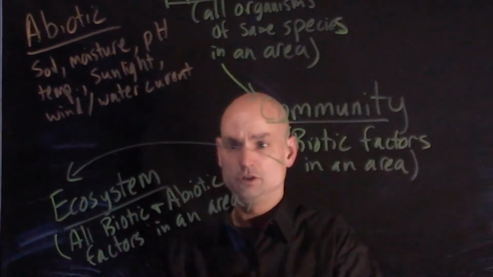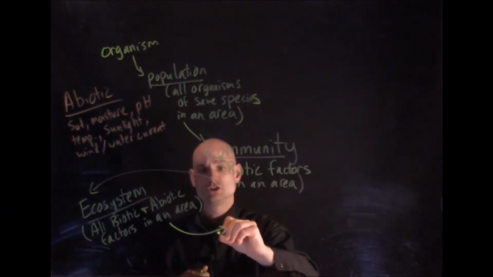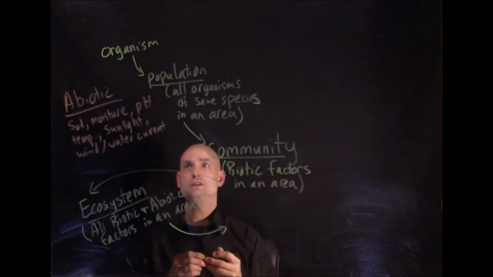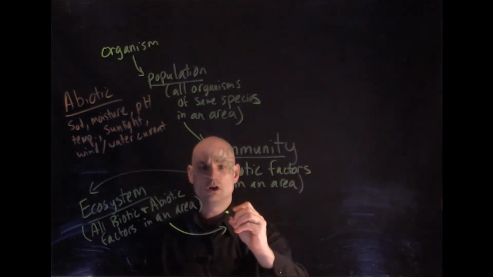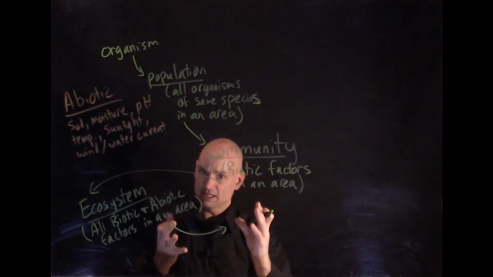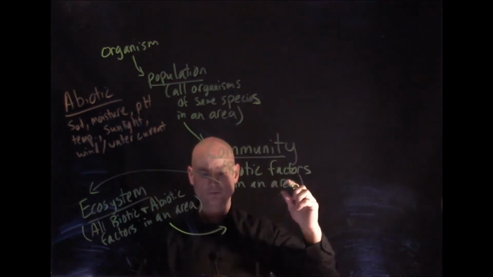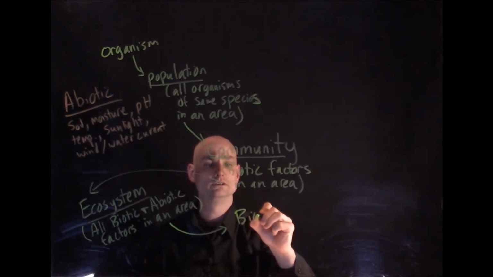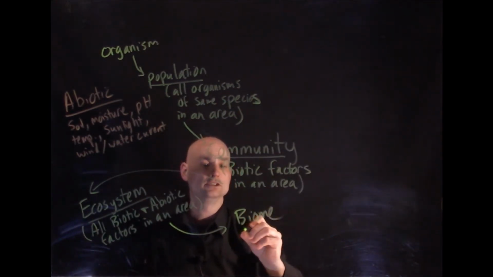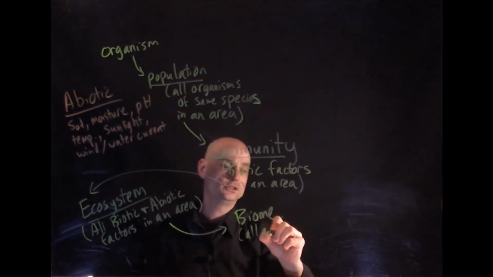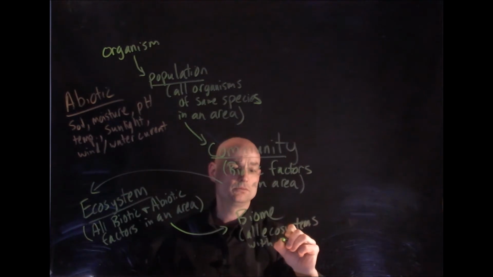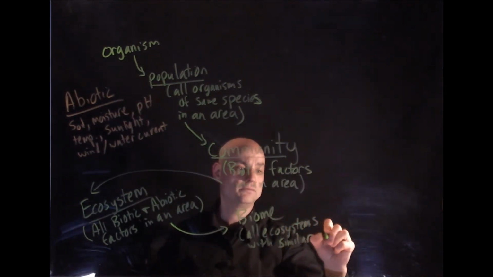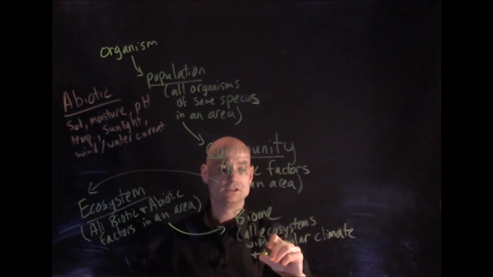Okay, so continuing along here. So if all the ecosystems in a given area have the same kind of climate and have the same kind of organisms, we refer to them as a biome. So biome is all ecosystems with similar climate and organisms.